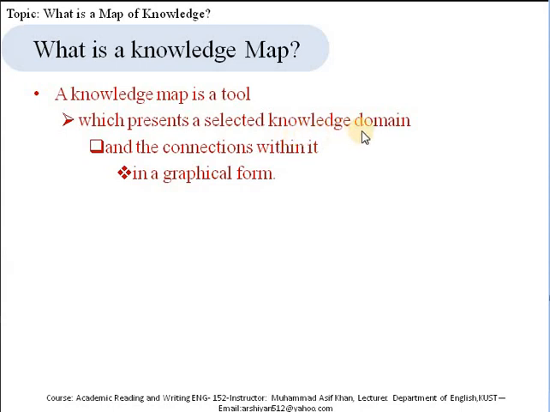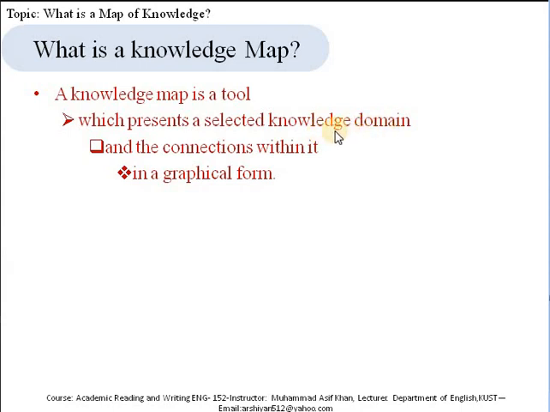Now within this definition we have the term knowledge domain. Basically, knowledge domain is knowledge of a specific specialized discipline or field, in contrast to general knowledge, because knowledge is a very wide term.